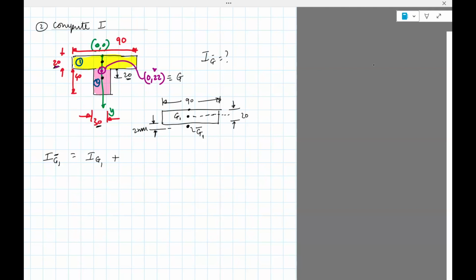So the axis which we want to compute the inertia about is G1 prime. That does not pass through the centroid of the yellow rectangle. And so what you need to do is compute the distance between G1 and G. So I'll put R, G1, and G1 prime squared times the area of 1. Okay, so this is parallel axis theorem.